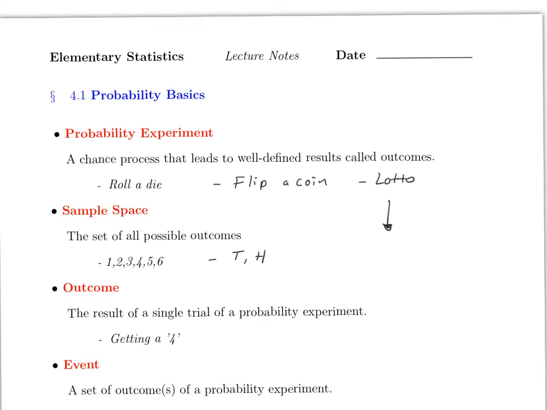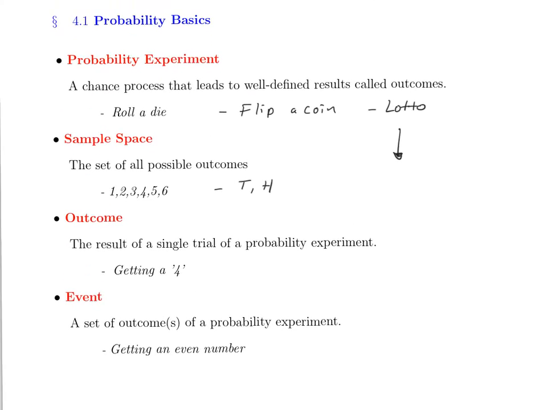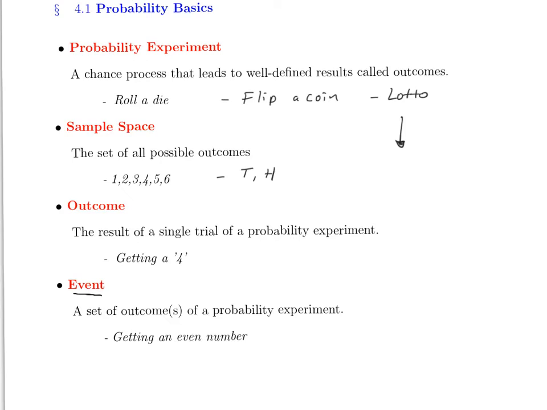Now, most of the time, we're going to focus on finding probabilities of events, not outcomes. They are completely related. An event is just a combination of outcomes. For example, what's the probability of getting an even number or getting an odd number, and so forth.